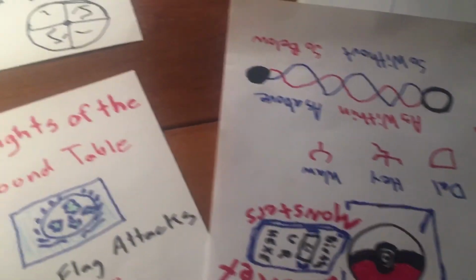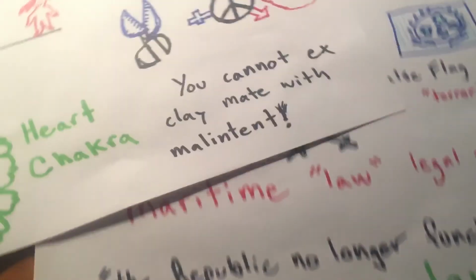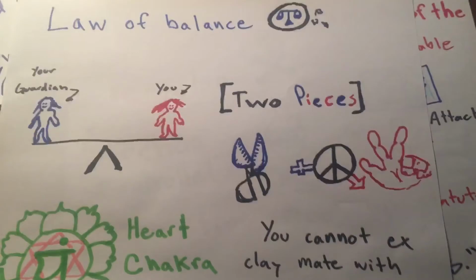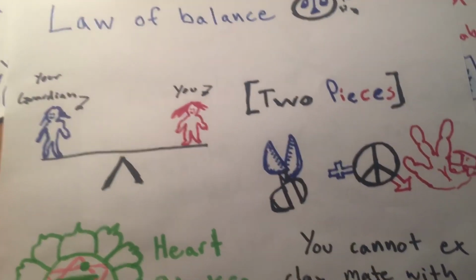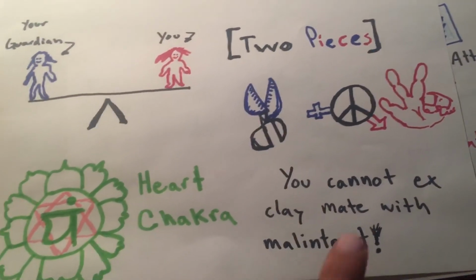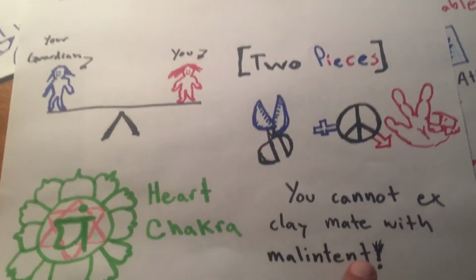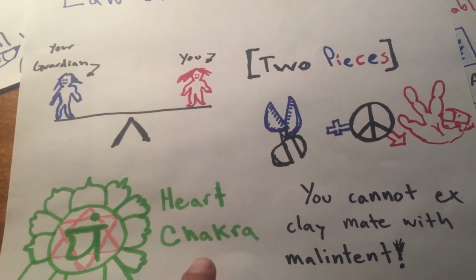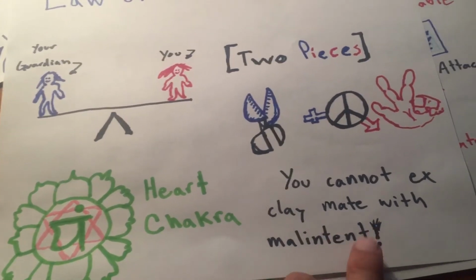Anyway, so let's see what else. So people ask about the blood over intent, and yeah, it's not a trap, okay? You're not going to be able to exit your claymation if you have malintent.